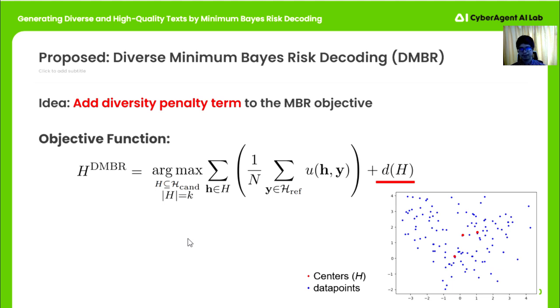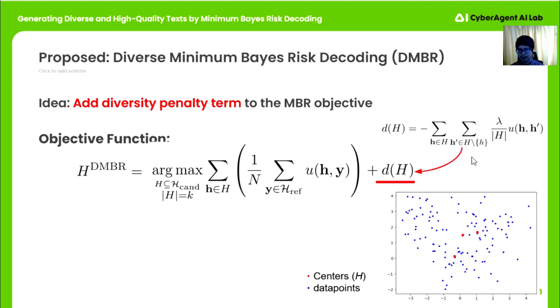Alternatively, we propose diverse MBR decoding, DMBR, which is a much simpler idea. We just simply add a diversity penalty term to the MBR objective, like this. So this term is the MBR objective, and this term is the diversity term.